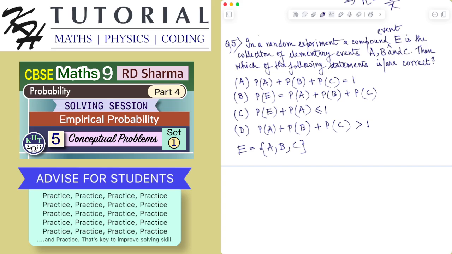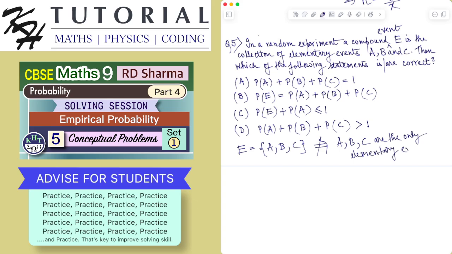Now this does not imply for sure that A, B, C are the only elementary events.